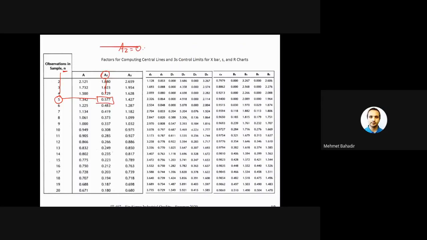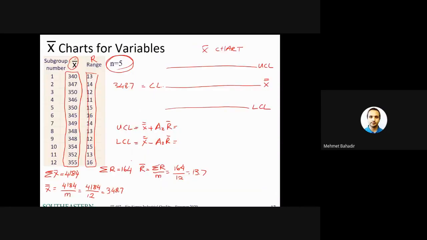A2 is 0.577. Let's go back to our question and plug all the values that we know. I'm gonna write A2 value somewhere here, 0.577.